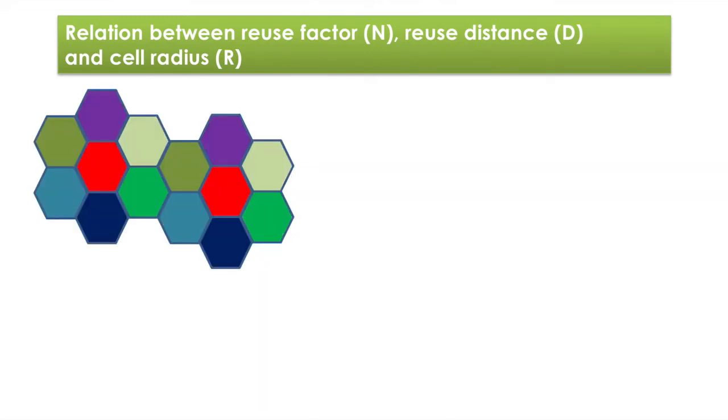Let us determine a relationship between the distance between the neighboring cells, that is small d, and the radius of a cell. So let us consider this cell.